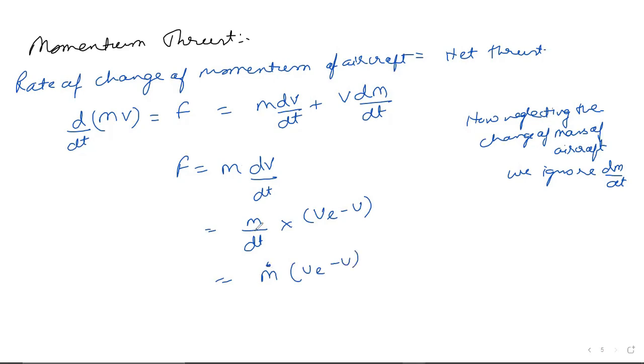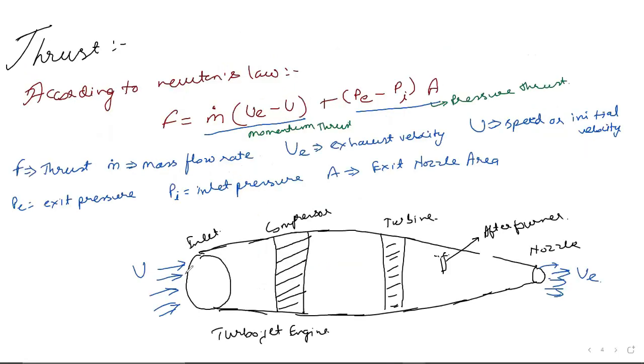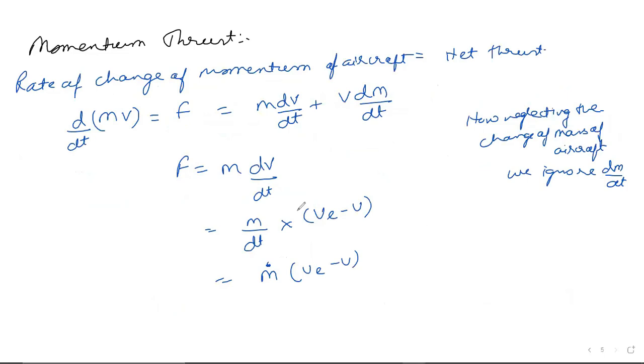So m dot times ue minus u. Actually mass is not changing; this is how much mass of air is entering per unit time, which is called mass flow rate. And dm by dt is how much mass is reducing or increasing, so that's a different thing. So m dot times ue minus u is the momentum thrust.